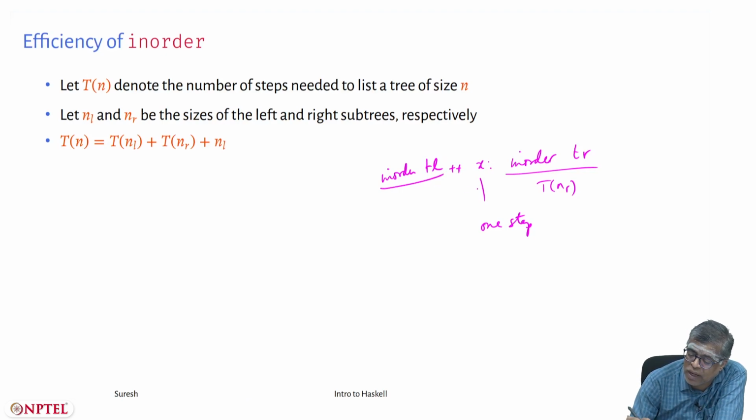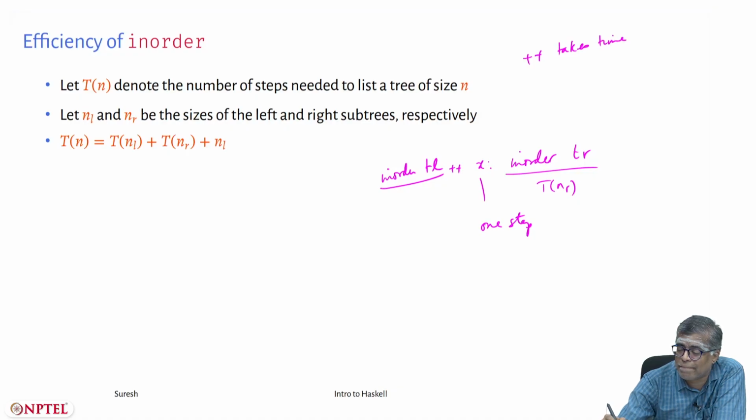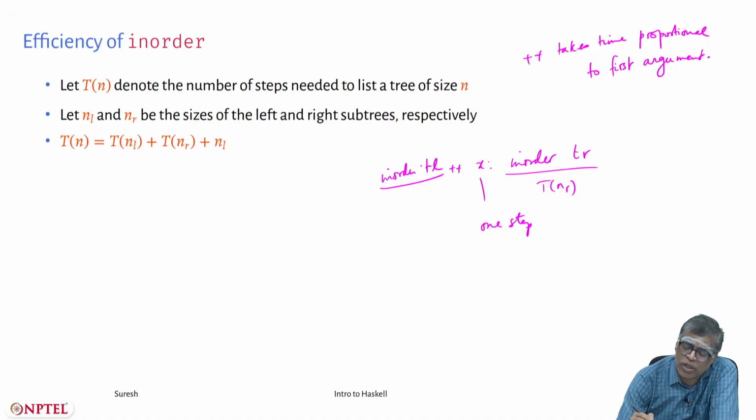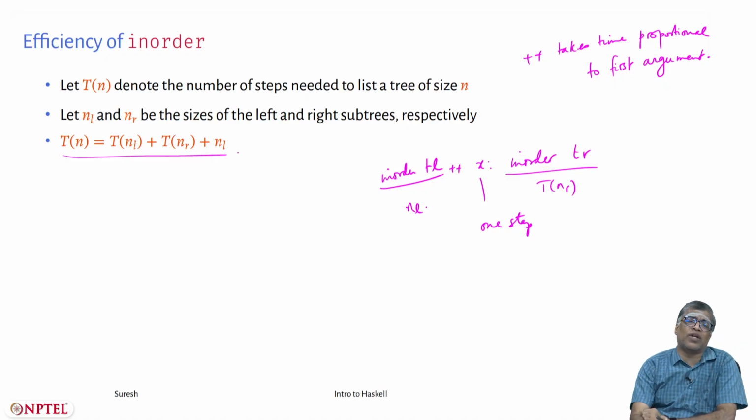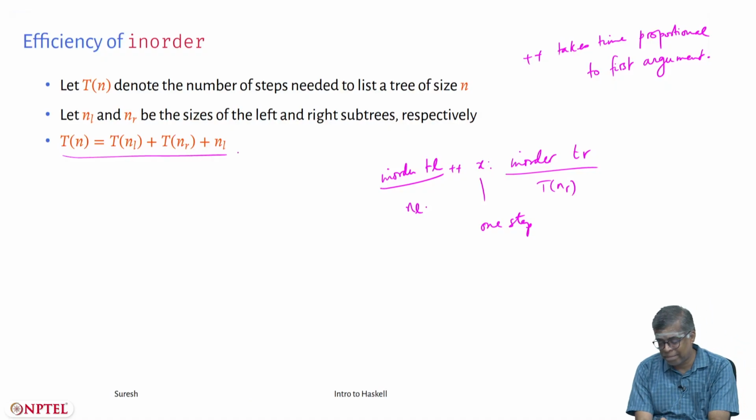So that will take, remember that plus takes time proportional to the first argument. So here it will take time proportional to the length of TL, which is NL, okay. So that is why you have T of n is T of NL plus T of NR plus NL.